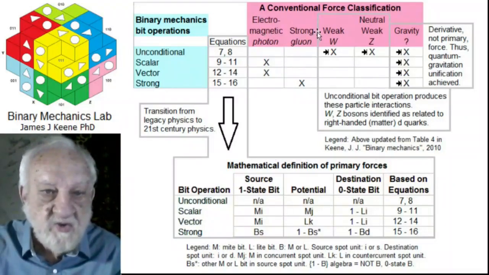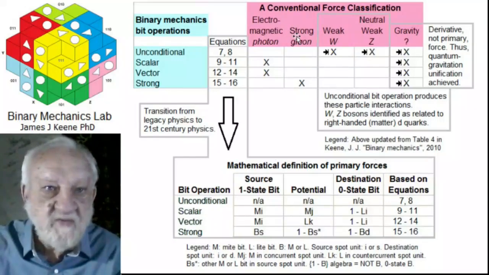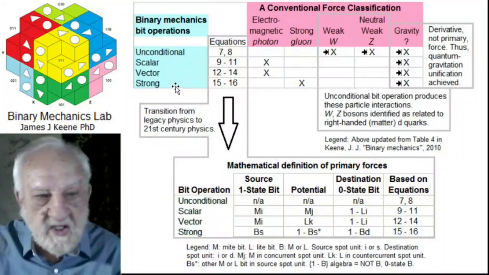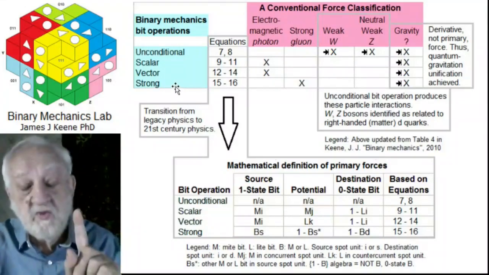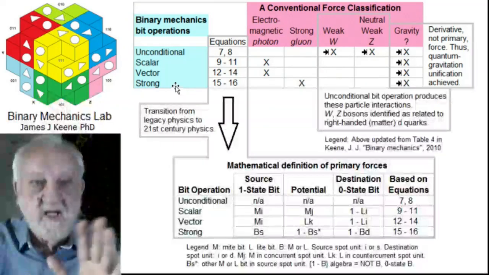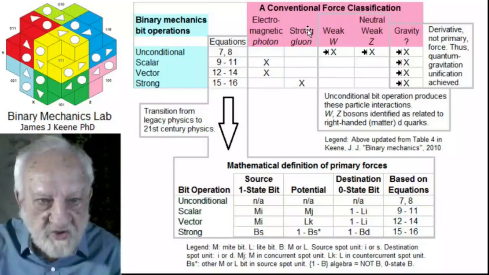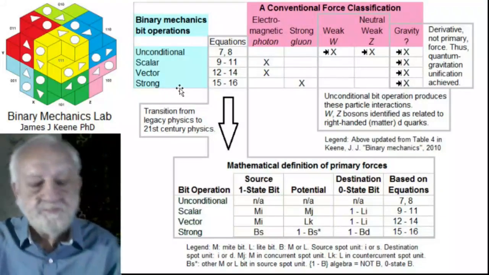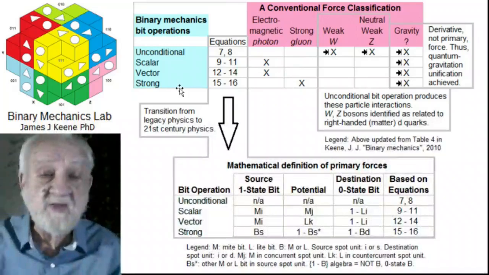Second, the so-called strong force involved in the structure of the proton maps to the strong force in binary mechanics. But the use of the word strong can be confusing here because it has a different meaning in the conventional and the binary mechanics approach. And that can be confusing to people, I suppose.